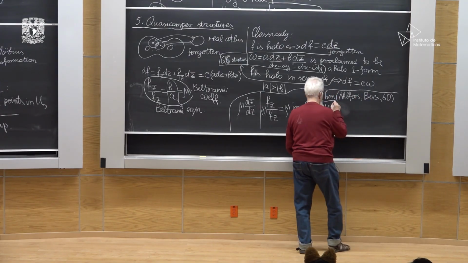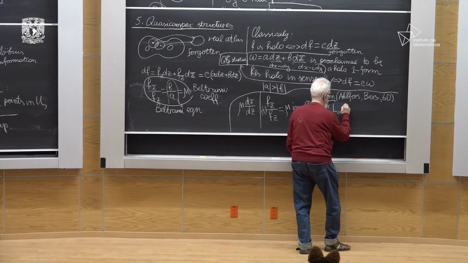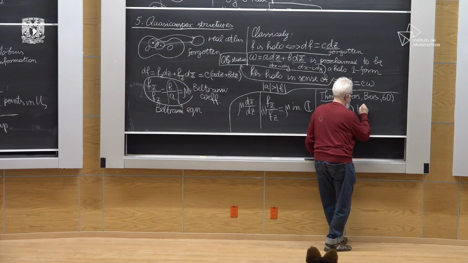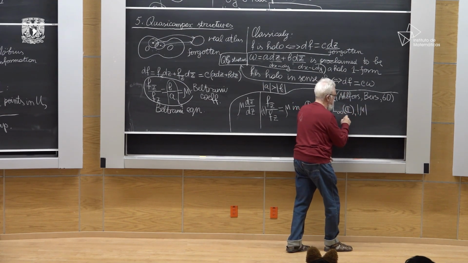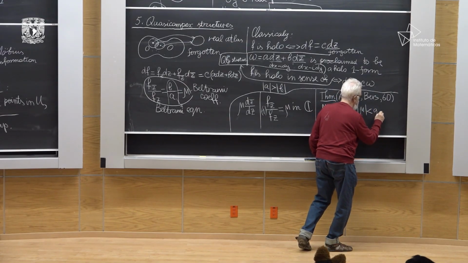Let mu be in L infinity of C. So it is a measurable function with bounded supremum, and the magnitude of mu is smaller than q, smaller than 1.